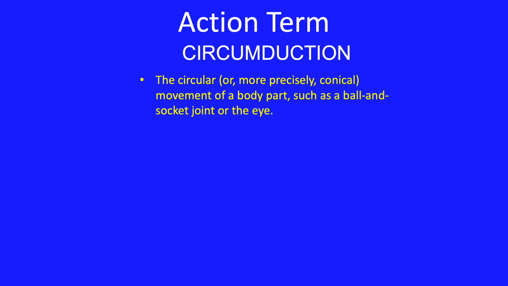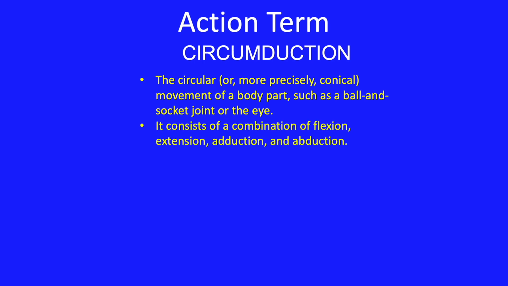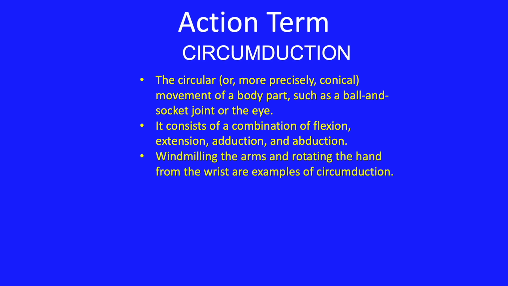Circumduction refers to the circular, or more precisely conical, movement of a body part, such as a ball and socket joint or the eye. It consists of a combination of flexion, extension, adduction, and abduction movements in sequence. Windmilling the arms and rotating the hand from the wrist are examples of circumduction.